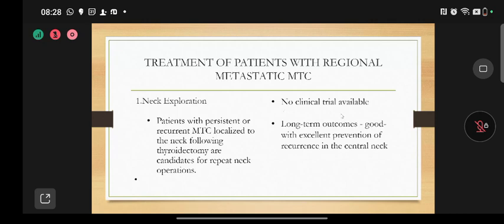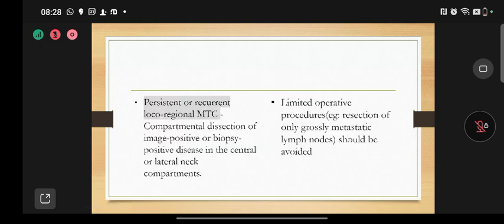There is no clinical trial available, but the long-term outcome has shown good results with prevention of recurrence. We usually go for a compartment dissection of the involved lymph nodes corresponding to the imaging or FNAC, and limited operative procedures like resection of only the involved lymph node should be avoided.